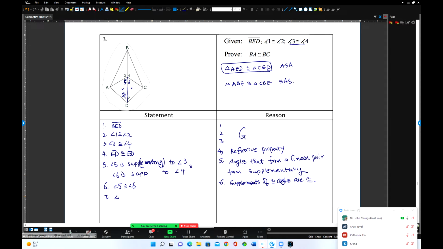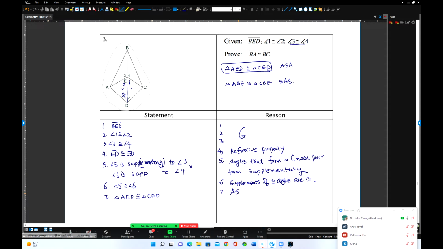You can say triangle AED congruent to triangle CED. The reason is angle, side, angle.